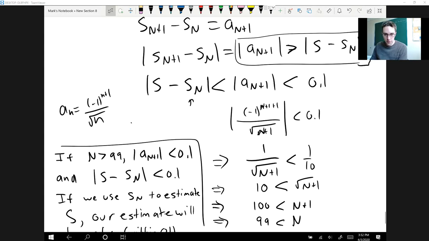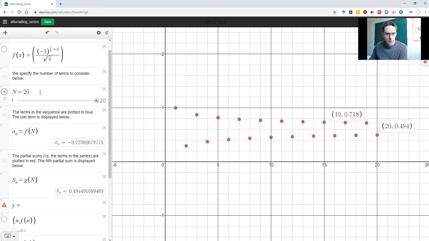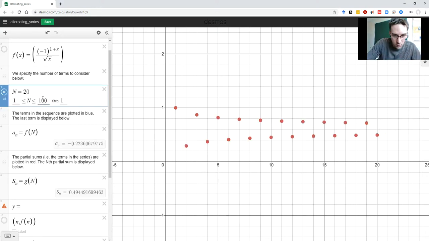All right, so we'll go back to our calculator, and we will plug in 100. And notice the term we were about to add was -0.1, and Sn is 0.555. So S100 is around 0.555, and the true value must therefore be pretty close to that.